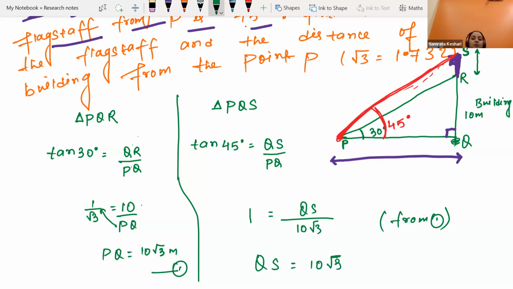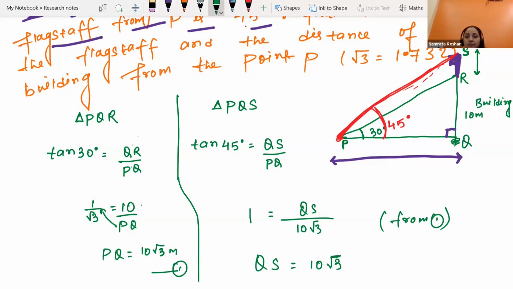Are we supposed to find QS? No, we have to find the length of the flag staff. That means there must be a pole or a stick, and on the top of that there will be a flag, right?